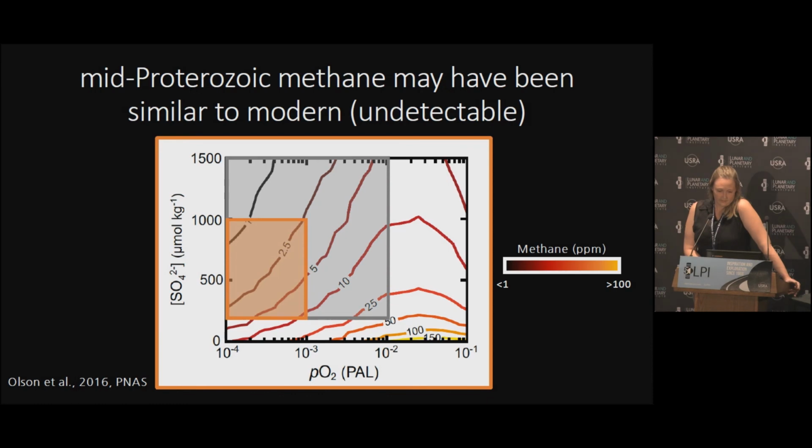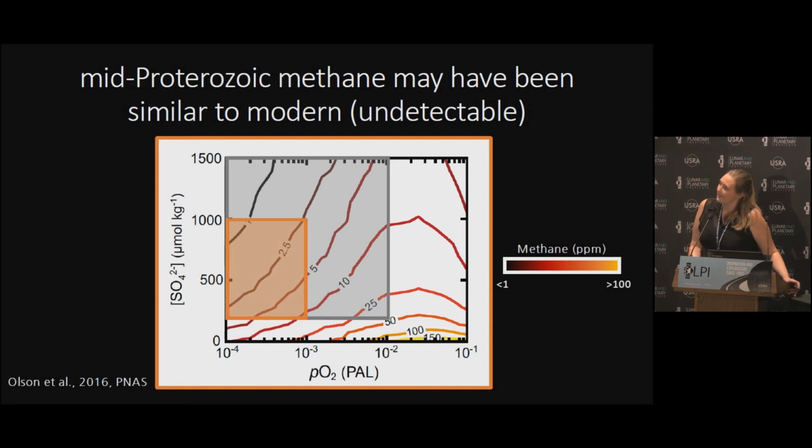So now I'd like to overlay some reasonable constraints on the Proterozoic surface environment. The gray shading shows a broadly inclusive range of parameter space, and the orange shading shows my own bias a bit more strongly.